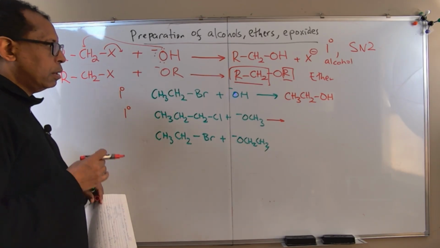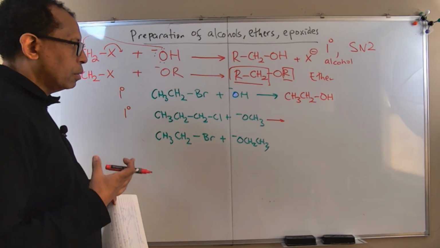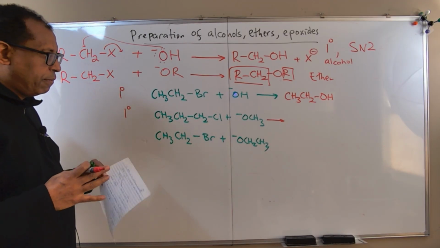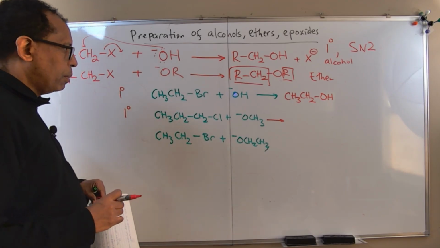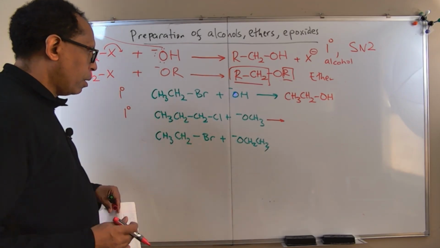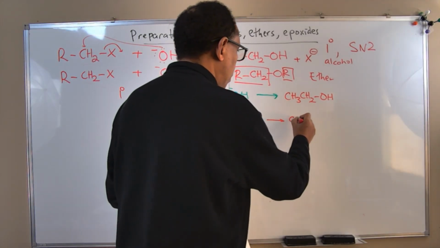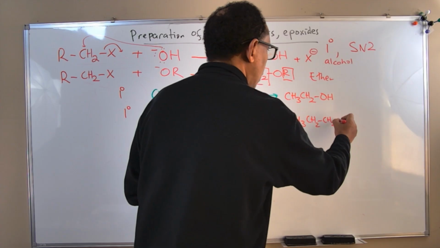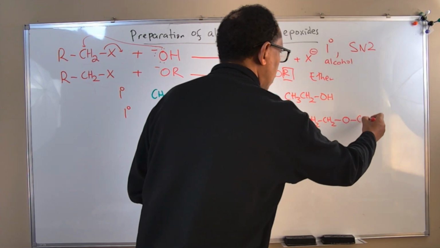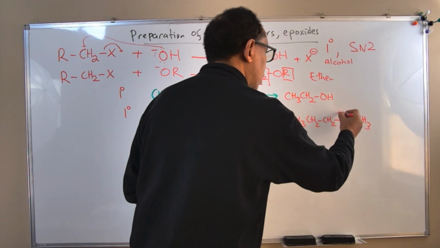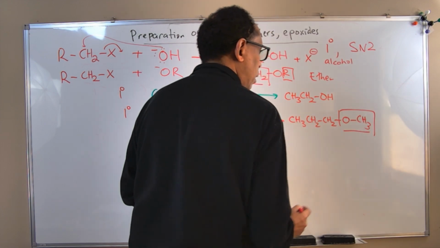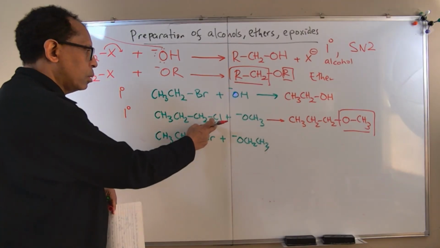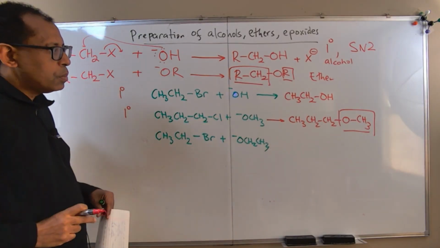It is important to have a primary one because the SN2 reaction is much faster with an SN2 type mechanism in a primary. So this product would be an ether, so CH3. So this group came in as a nucleophile. This is substituted, which has an X, which is this.